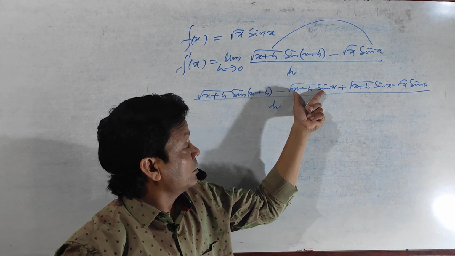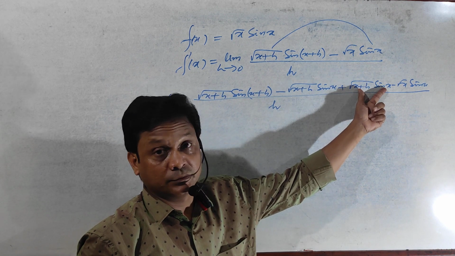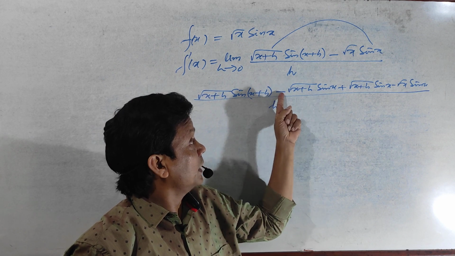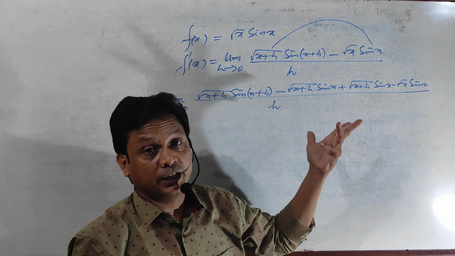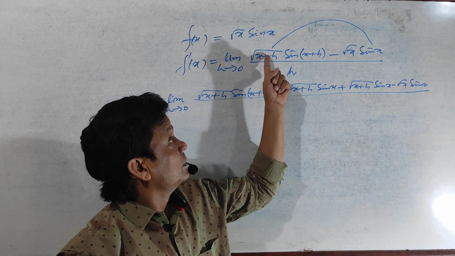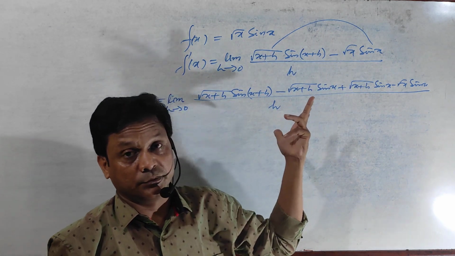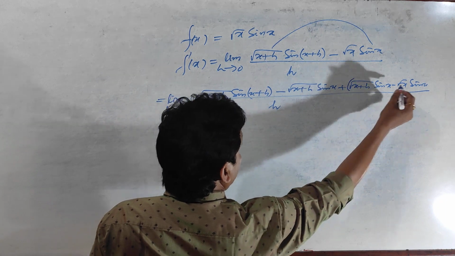I am subtracting something and adding that term. Root over of x plus h into sin x, here it is minus, and I am adding that same term. And where does it come from? Take the algebraic part from the first term and the trigonometric part from the second term. Okay, then combine these two and combine these two.